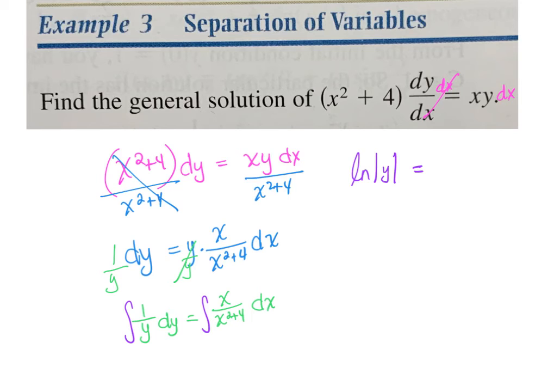And so basically, if I were to do this as my u, x squared plus 4, right? My du would be 2x. I don't need a 2x, I need an x, so I'm just going to have that 1/2, right? So on the right-hand side, I'm going to have 1/2 times the natural log of my x squared plus 4, right, plus c.